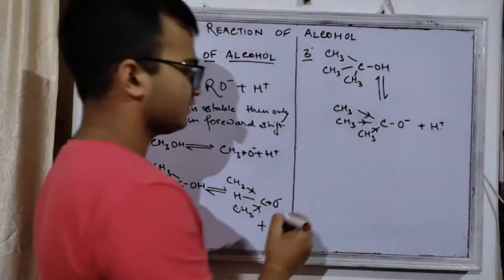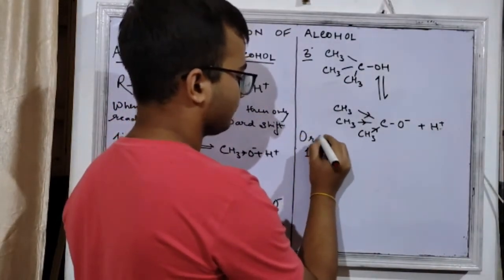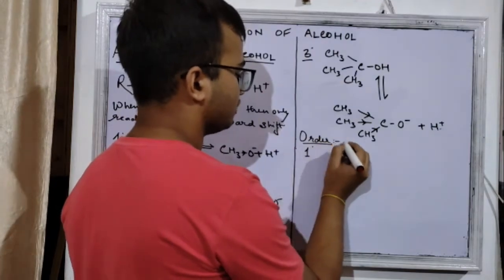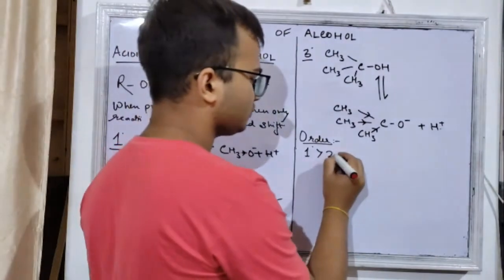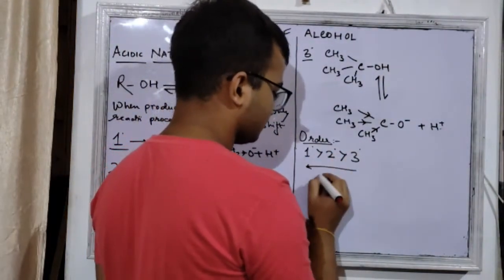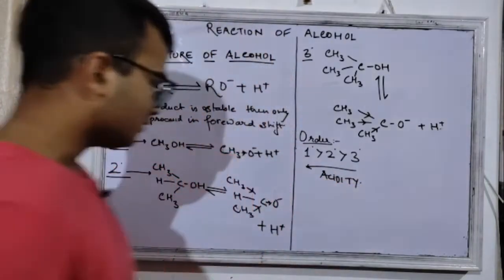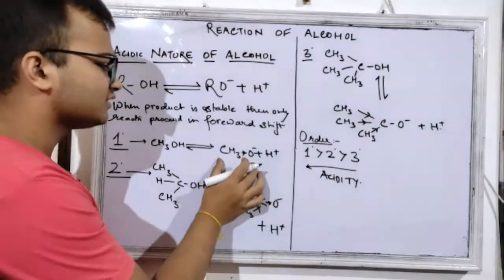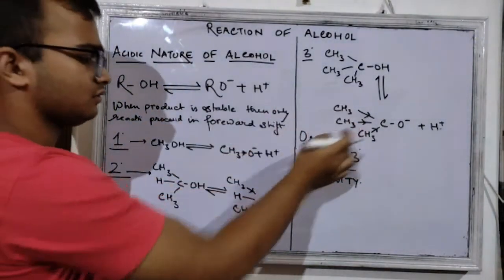So we can write the order as 1 degree alcohol is more acidic than 2 degree alcohol and 3 degree alcohol. Okay, acidity. Why? Because here the electron density on CH3O minus is small, not like this one or this one.